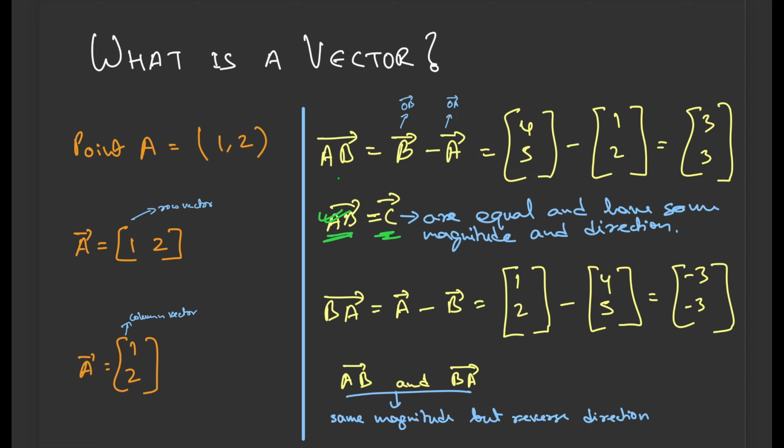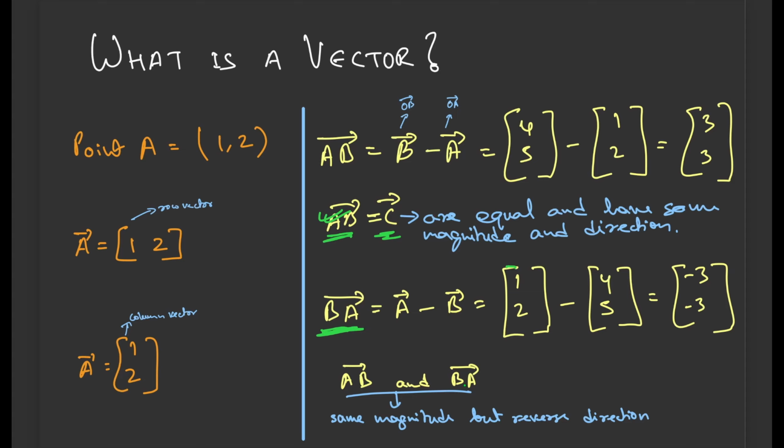Now there is one more vector that we can get, that is BA, by subtracting B from A. This is in reverse direction. So you subtract B from A. A is 1, 2 and B is 4, 5. So 1 minus 4 gives minus 3, and 2 minus 5 gives minus 3. So the BA vector is minus 3, minus 3.